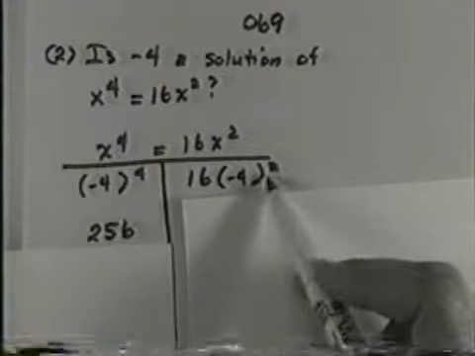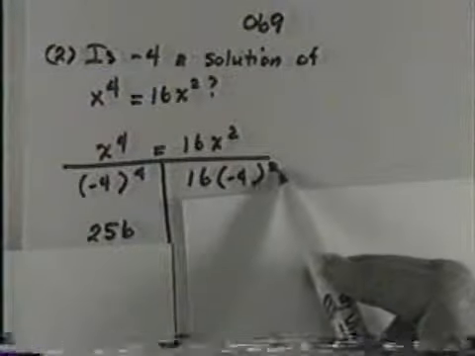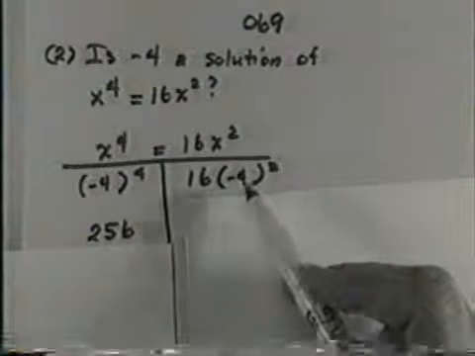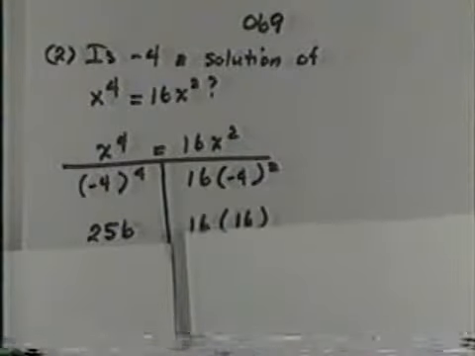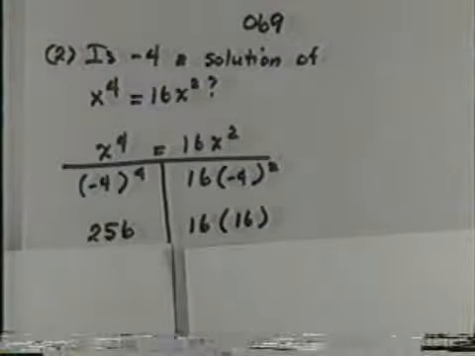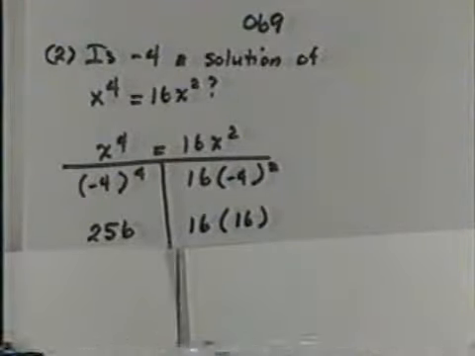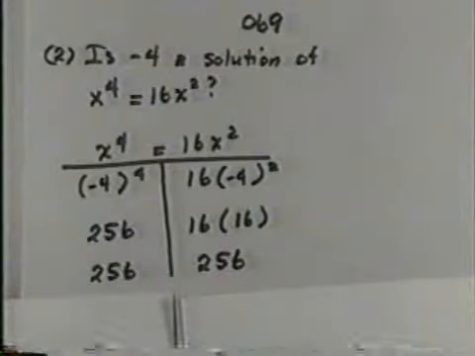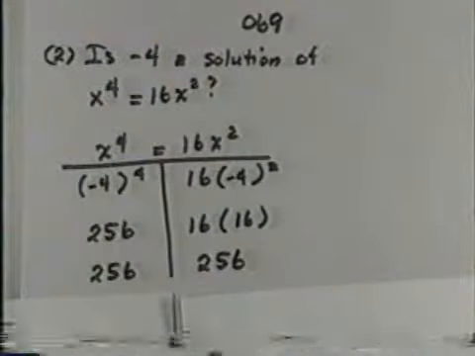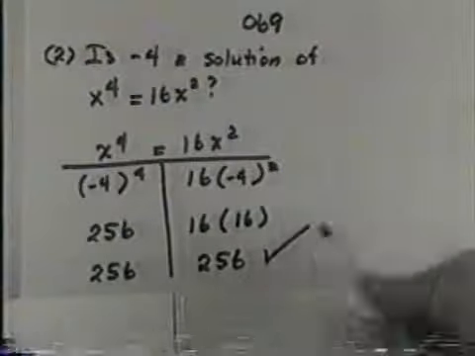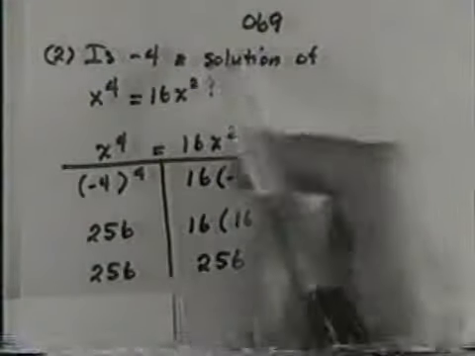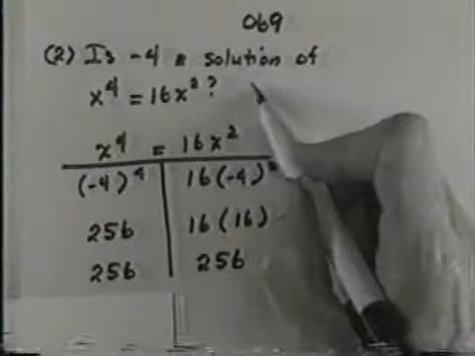I'll do the exponent first, of course. Negative 4 to the 2nd power is negative 4 times negative 4, which is 16. That gives me 16 times 16, which is 256. So the two numbers are the same. This one checks. Is negative 4 a solution of this equation? Yes.